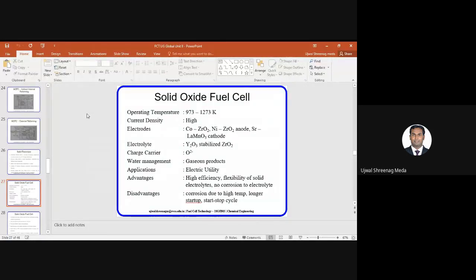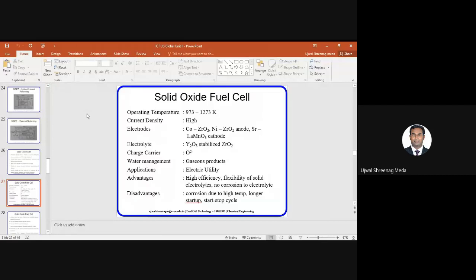Okay, and as part of the overview, coming to the electrodes, the base material can be zirconia, but additional components come into the picture. So it could be cobalt or nickel or strontium, lanthanum, some of the materials that are added to zirconia to form the electrodes.